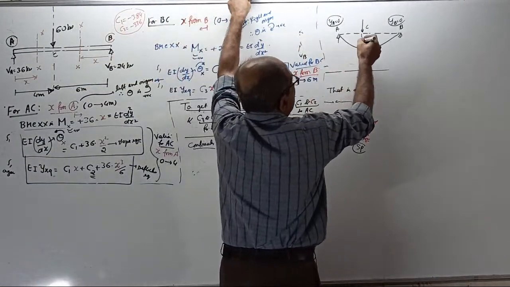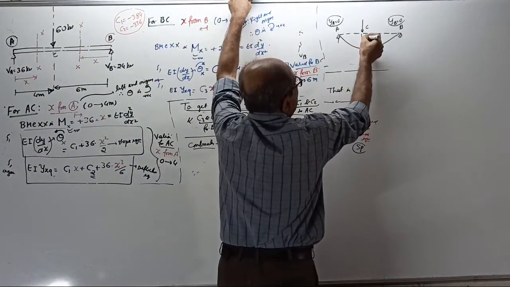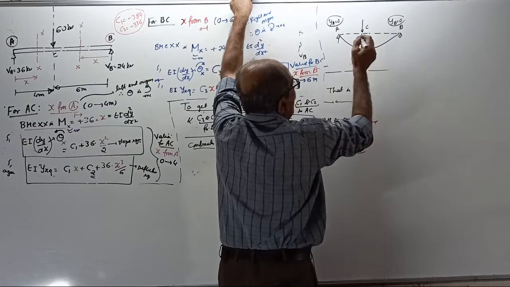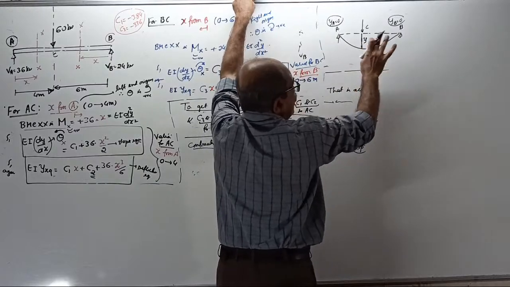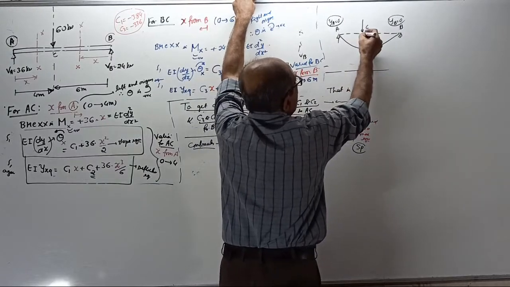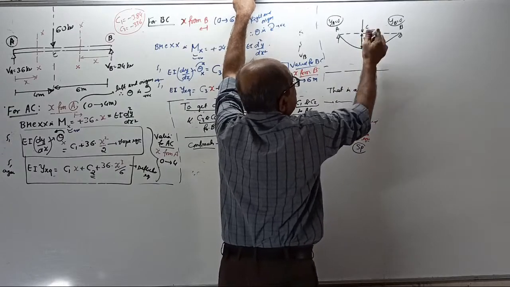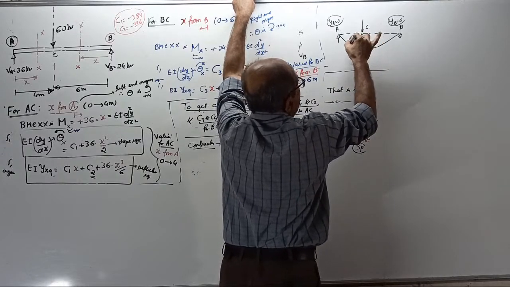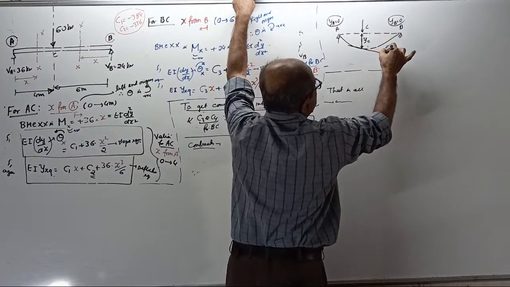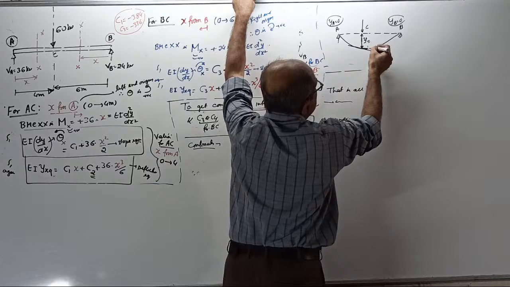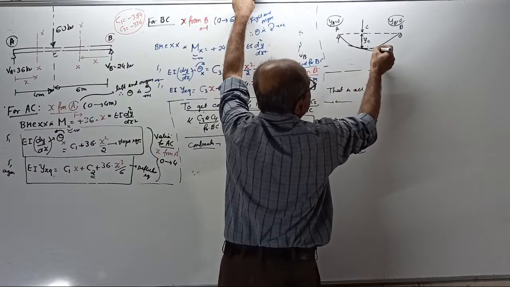See here. In the elastic curve, this is the deflection at C. I am not showing an arrow mark. I will put a double arrow mark. Why? Sign I will put later. This is the distance, deflection at C. And if I draw a tangent here to the elastic curve, this is a double arrow mark.